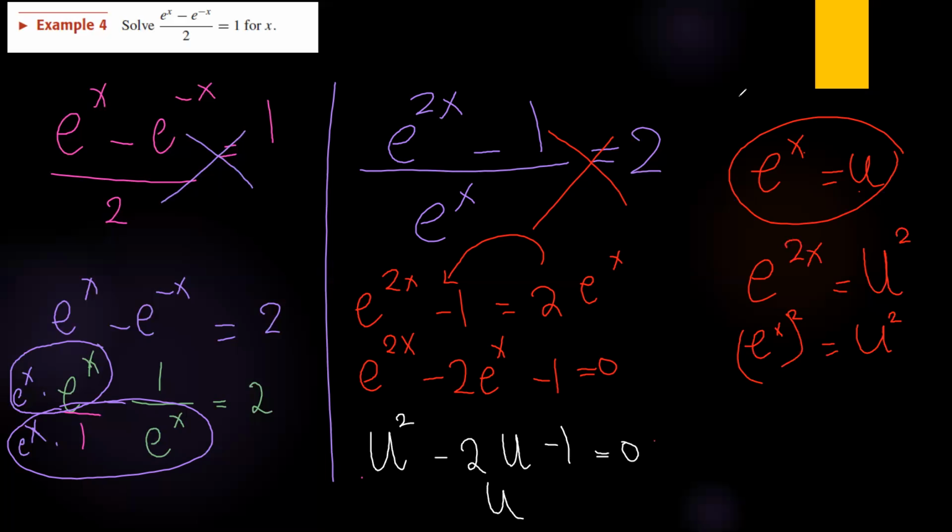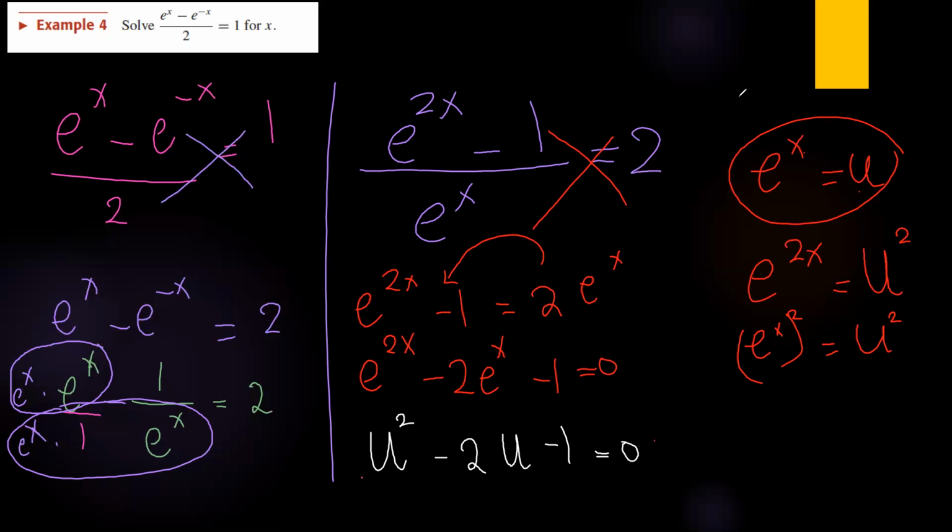I need now to factorize it. Minus 1, minus 1. Minus 1 plus 1 cannot give me negative 2. So let's now find it by the quadratic formula.